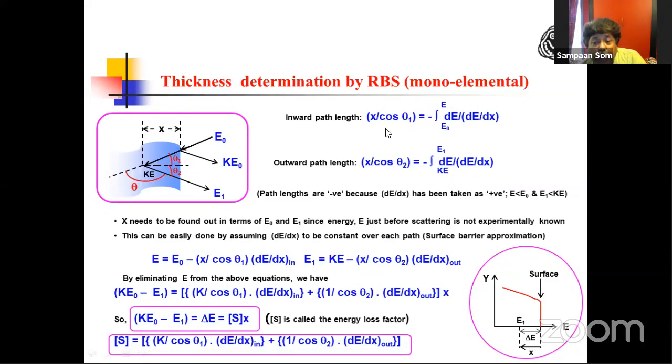And why E0 to E has been done is just to give you a feel that energy will continuously be decreasing as it penetrates deeper inside the material. Likewise, the outward path length will be x by cos theta 2 rather than x by cos theta 1, because this theta 2 is different here.